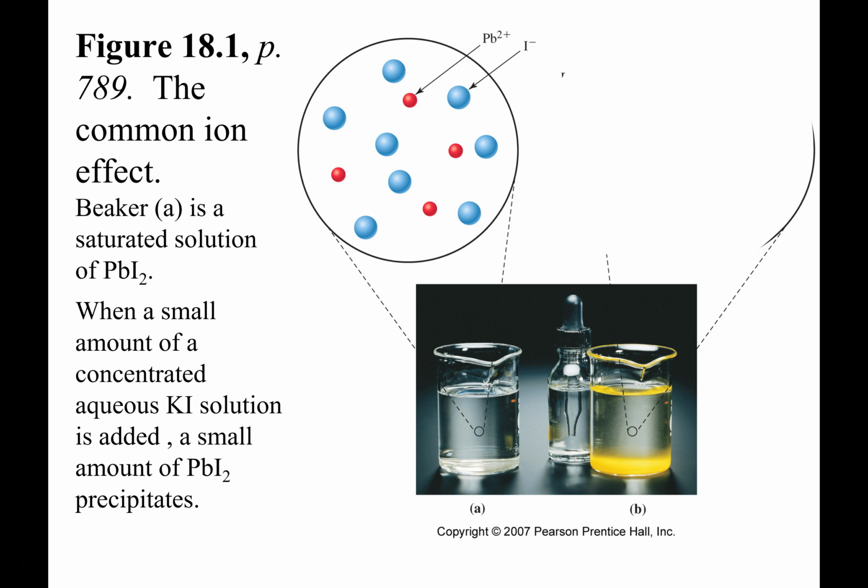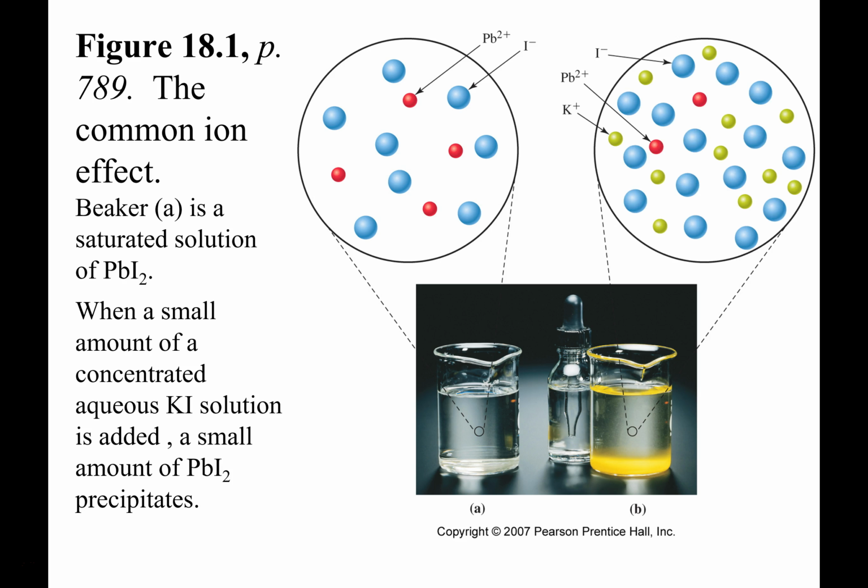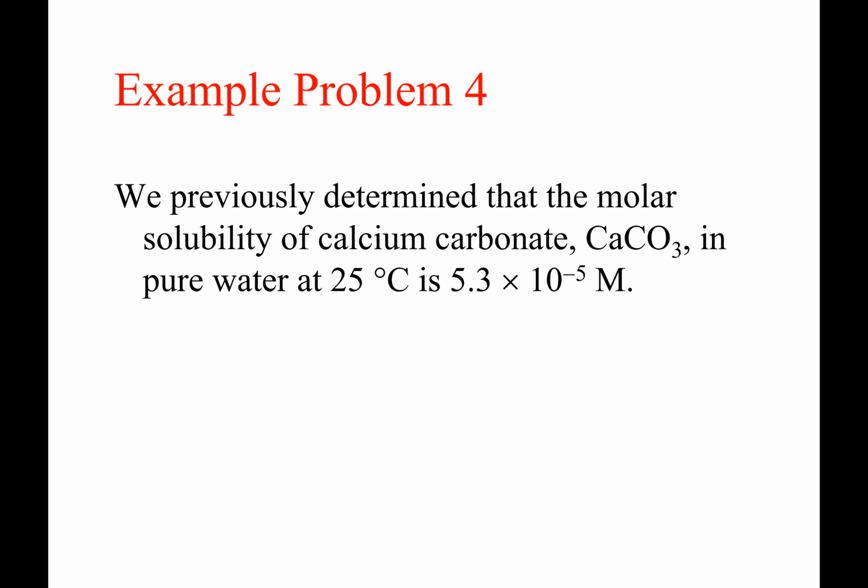When we add KI, potassium is going to be a spectator ion, but the extra little I minuses we add are going to force the lead 2 iodide to precipitate. It didn't precipitate here because it wasn't saturated. You go ahead and add more I minus, common ion, it falls out. Again, potassium is a spectator in all this. So let's do a problem and see what that looks like.